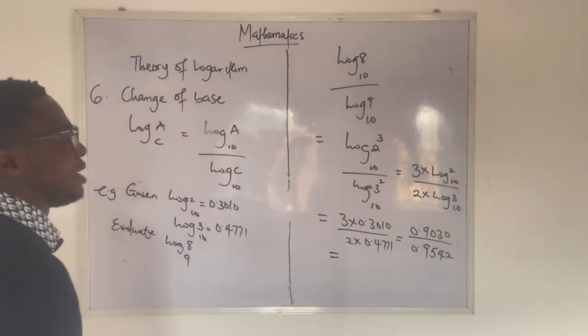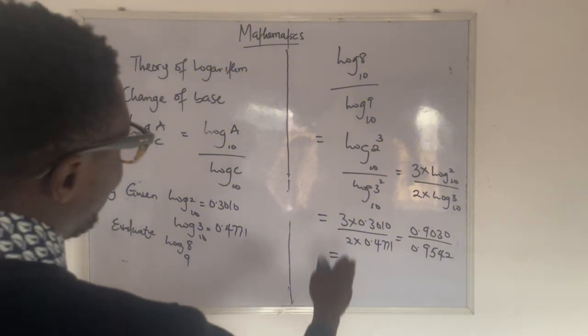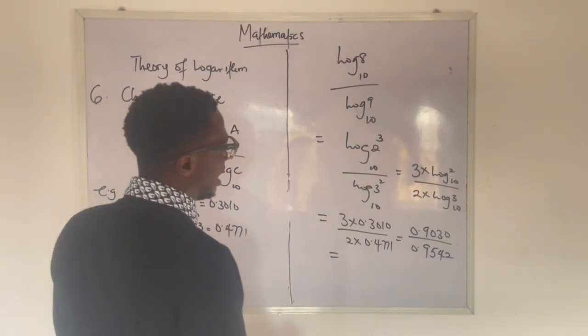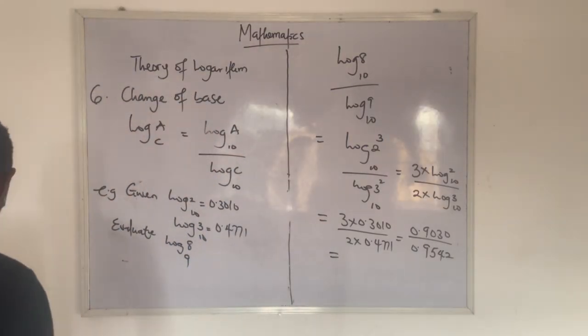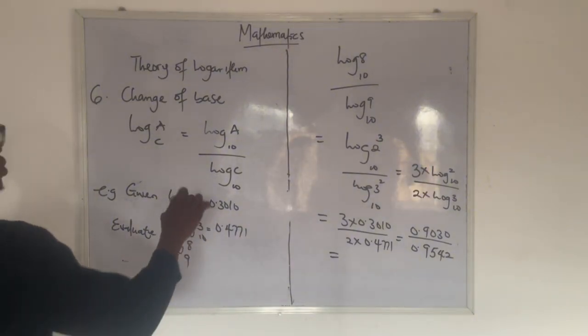So here we are just going to say 0.9030 divided by 0.9542, and that gives us our final answer. So the second part of the change of base goes thus.